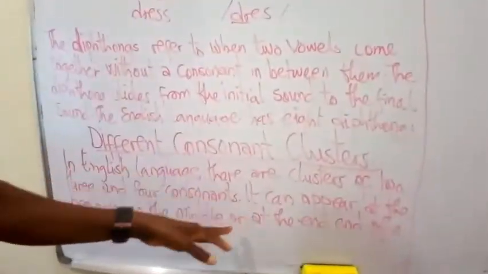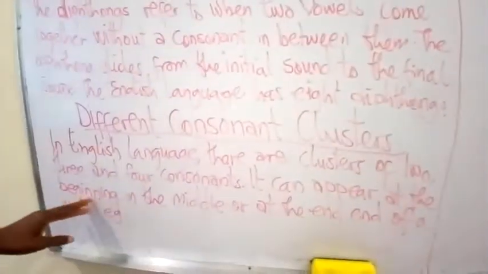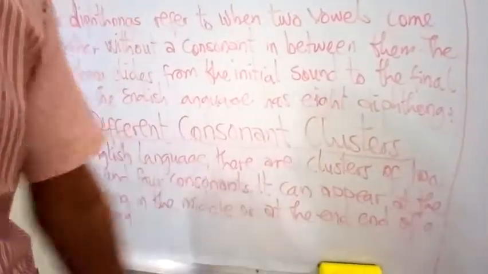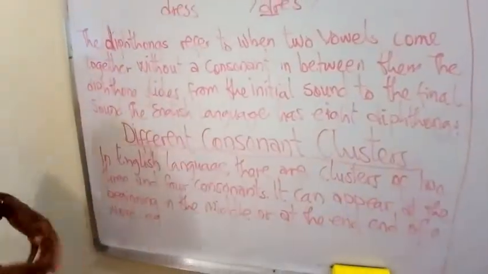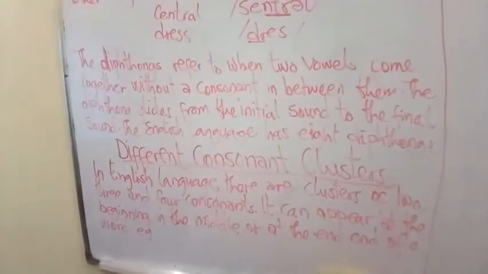Yes, we're going to look at the different consonant clusters, but this is where our emphasis will be. It can appear at the beginning of a sound, in the middle of a sound, and at the end of a sound too. When you hear me say sound, it simply means I'm saying words.